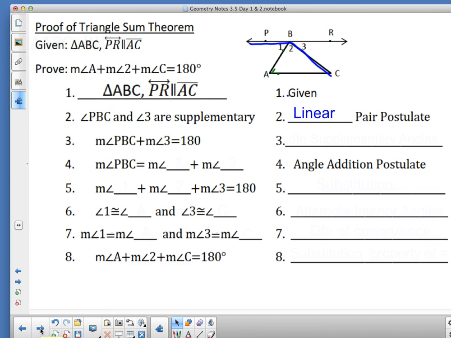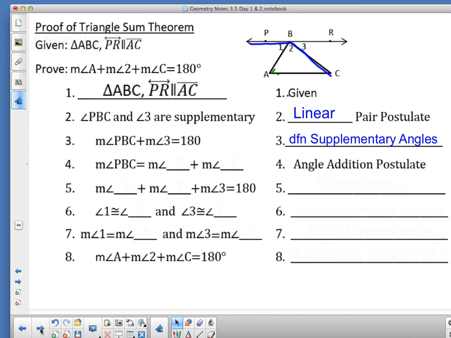And because of some information from chapter 1, and we've been using this, angle addition postulate: two angles can add to be a larger angle, so long as they share a common vertex and ray. I have shown the common vertex and ray, BC, common vertex is B, ray is BC, and the angle PBC and the angle 3 are 180 degrees.